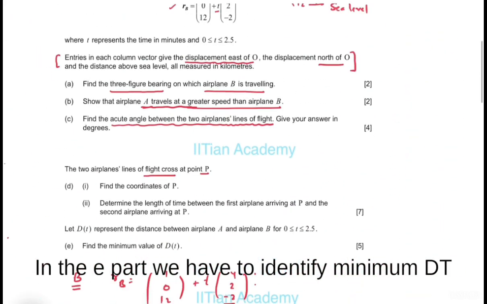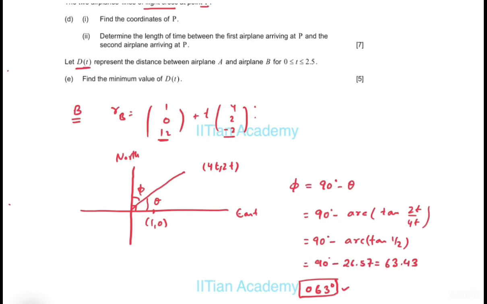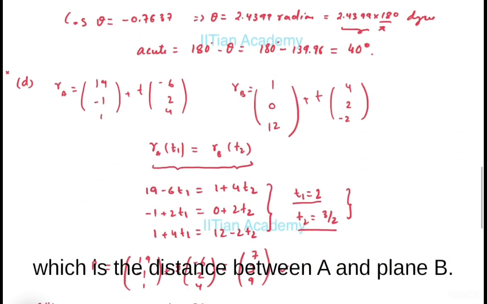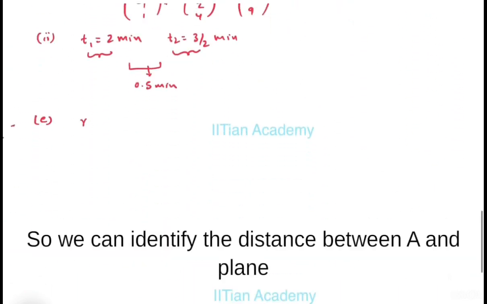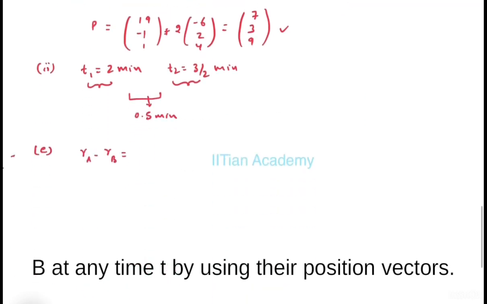Now let us move on to the E part. In the E part, we have to identify the minimum d(t), which is the distance between plane A and plane B. We can identify the distance between A and plane B at any time t by using their position vectors.